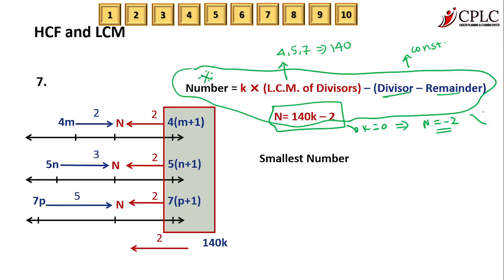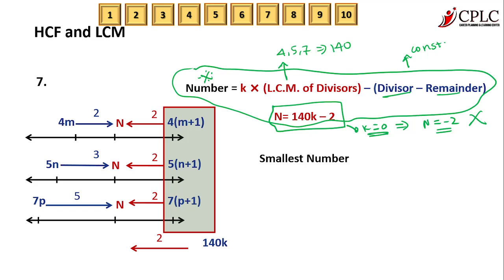And hence, for this reason, the k value cannot be 0 here for the smallest number. So one more point you need to remember, guys, is that you cannot go with the fixed mindset that every time the value of k should be 0 for the smallest number. No, it doesn't work like that.